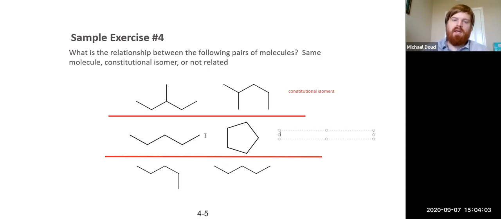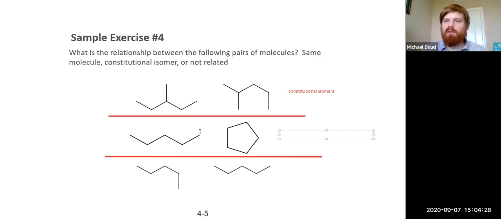Okay. Now, down here on the left, obviously 1, 2, 3, 4, 5, no substituents, so that's pentane. And then on the right, it's 1, 2, 3, 4, 5, but it's in a ring. So this is cyclopentane. So you might think that these were isomers just based on the names, but count up the number of hydrogens. So for pentane, that's 3 hydrogens here, 2, 2, 2, and 3.